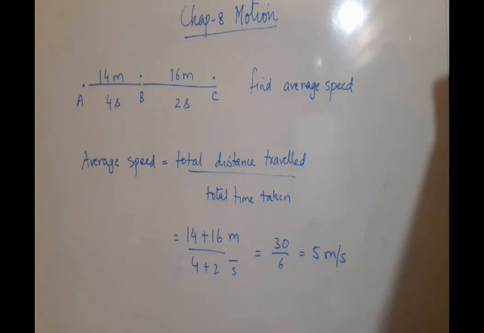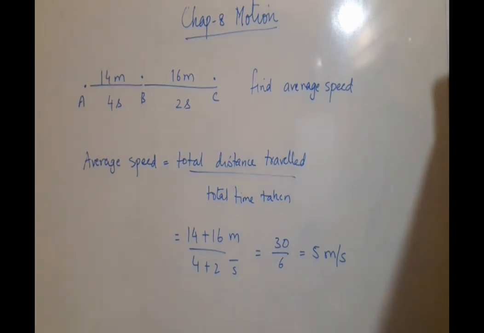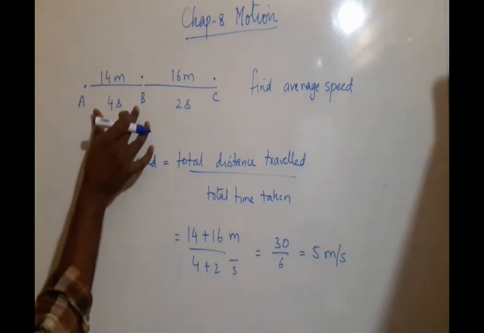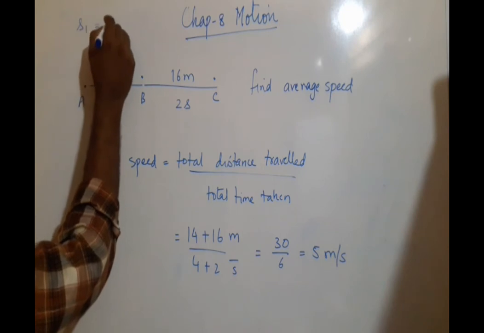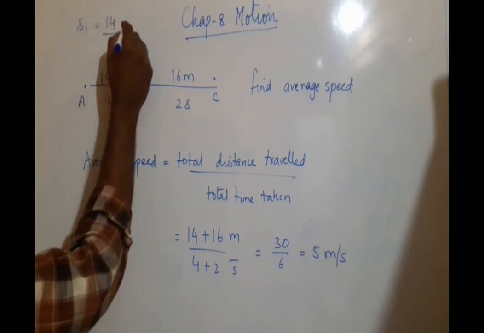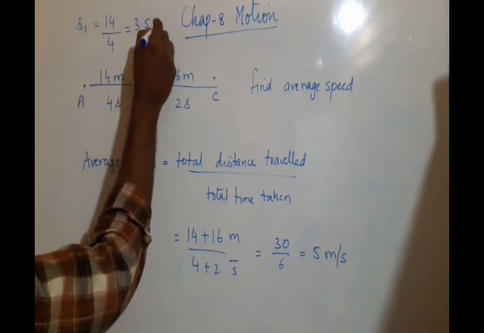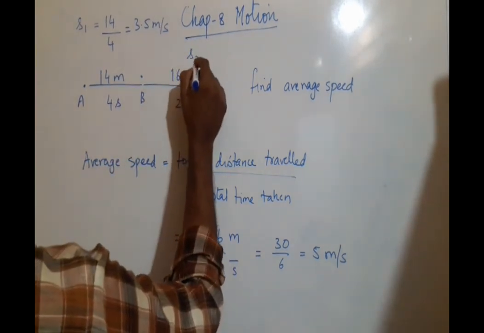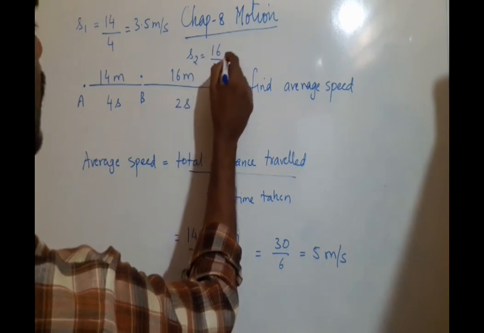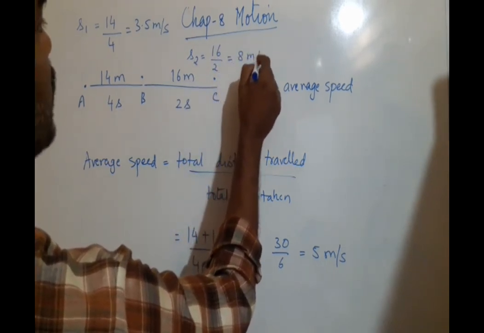Now, why have we used the word average here? You can observe that the average speed of the journey has become 5 meter per second. But if you see individually, the speed S1 for the first distance is 14 traveled upon 4 seconds, 3.5 meter per second. And for the second part of the journey, the speed S2 is distance upon time, which is 8 meter per second.